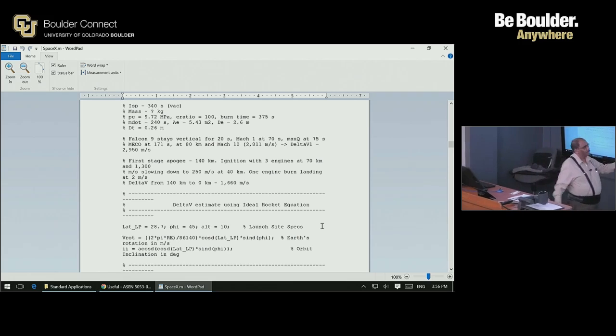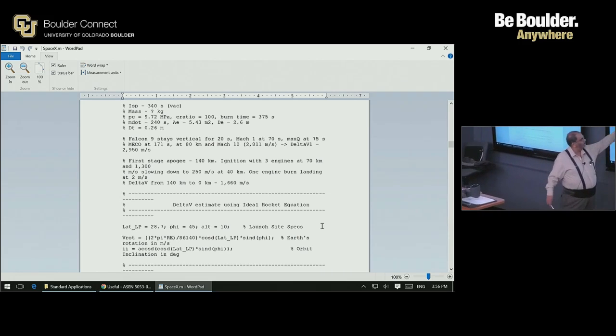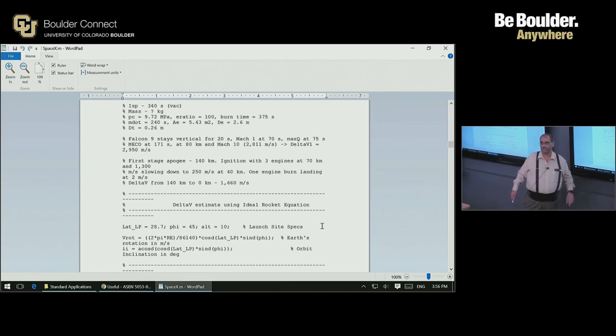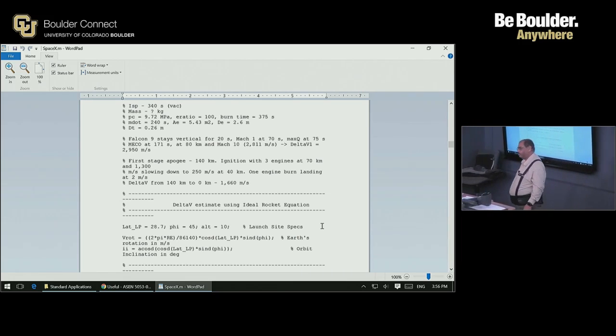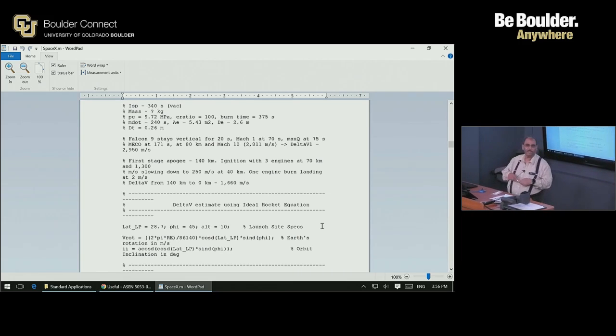That is one. And also compute the thrust-to-weight ratio for your engines. For the engines, it should be anywhere between, say, 50 and 140, something like that. A stage may have many engines, so I just want the engine.